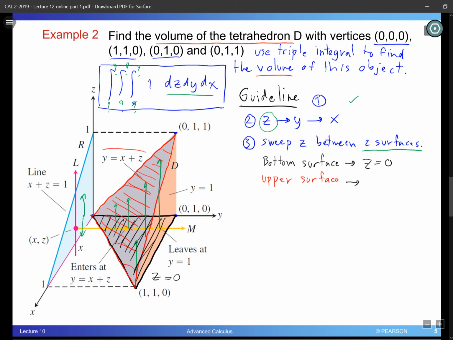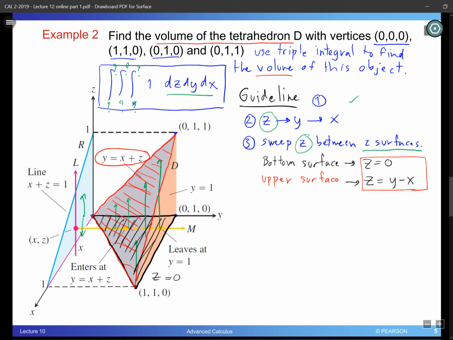You have to express this in terms of z because you are sweeping the z variable. So here z equals y minus x. This gives the boundaries for the z variable, two of them.